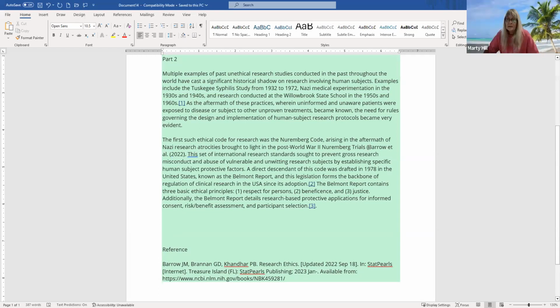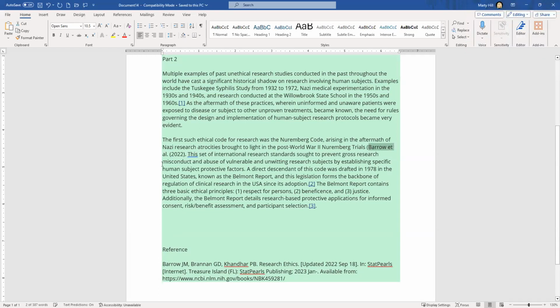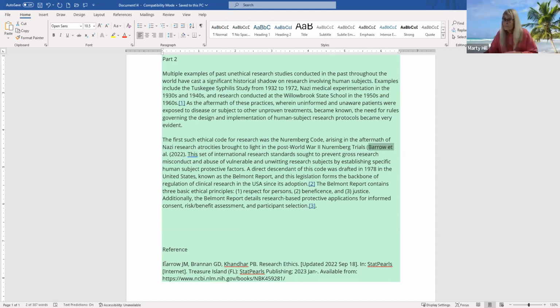Okay, so now we have a citation that corresponds with the reference. What that's called in APA is parity, P-A-R-I-T-Y. You have to pair your citations with the reference, or your reference with the citation. In other words, for every citation you have in your discussion, there has to be a corresponding reference, and for every reference that you provide, there has to be a corresponding citation.